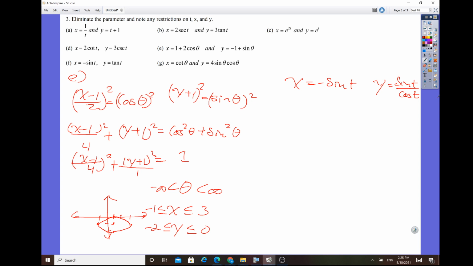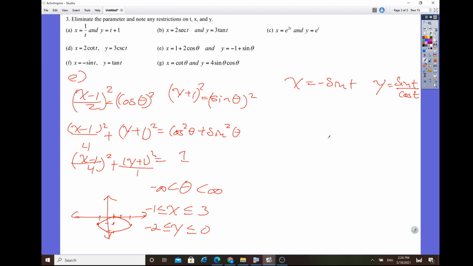Okay, so in order to eliminate that t, there are certain things that you need to simplify. In order to convert this one to tangent, one thing that we notice, we can plug in that negative x for sine of t. You try to do it that way, then that would be considered a substitution.